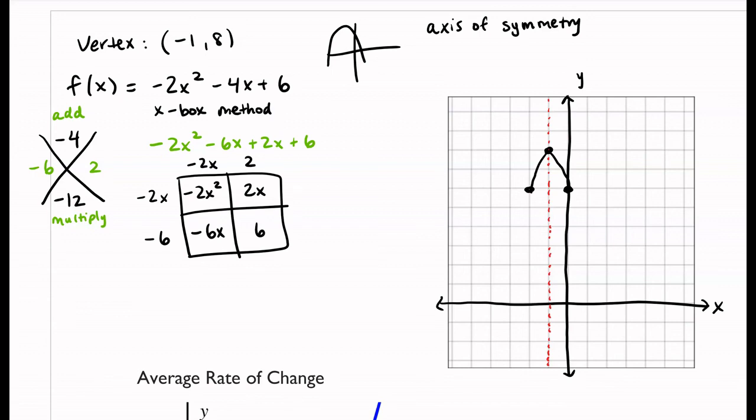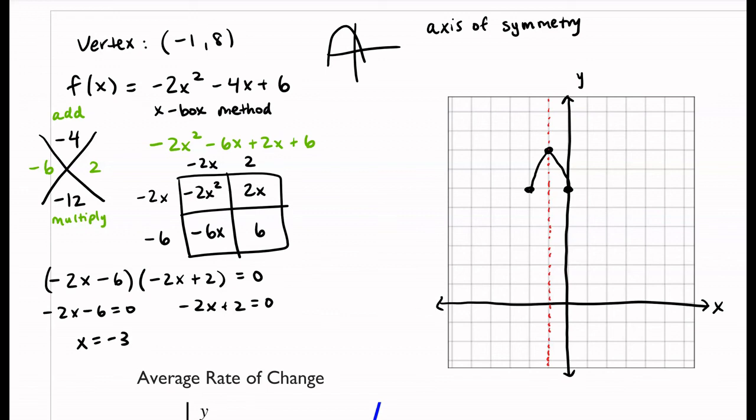So we have negative 2x minus 6 times negative 2x plus 2 is equal to 0. Now, I can set both of these things equal to 0 and solve for x. If I solve those, then we get x equals negative 3 and x equals positive 1.